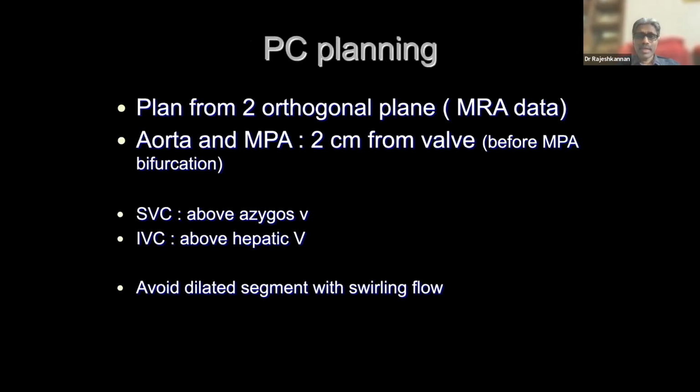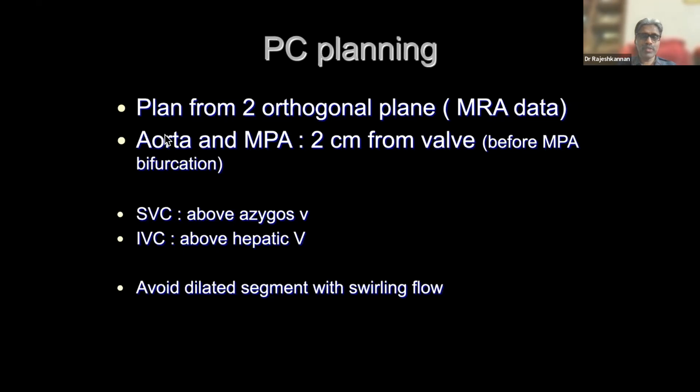Coming to another important thing in the planning: how will you exactly do the planning? Ideally we have to plan from two orthogonal planes, and whenever possible, if you have MR angiogram data, it will be well and good. Otherwise, you can use the cine sequences.